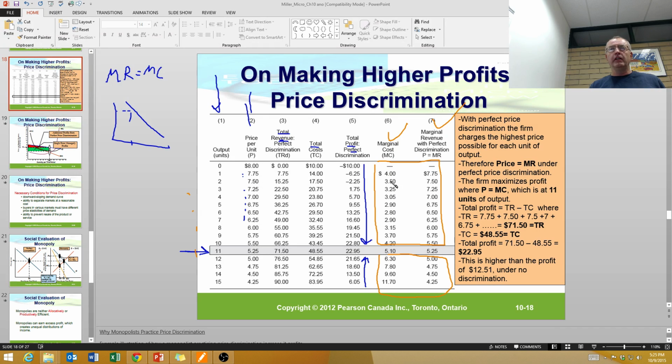And we see that in this section here, where quantity is less than 11, marginal revenue is greater than marginal cost all the way along here. So this tells us that we can increase our total profits by increasing our level of output.